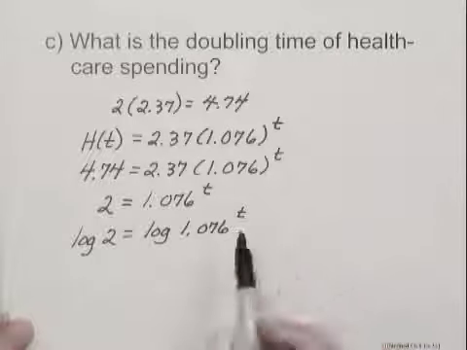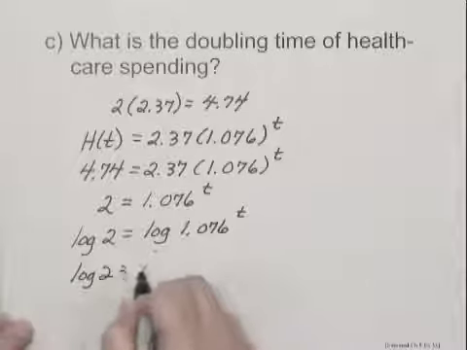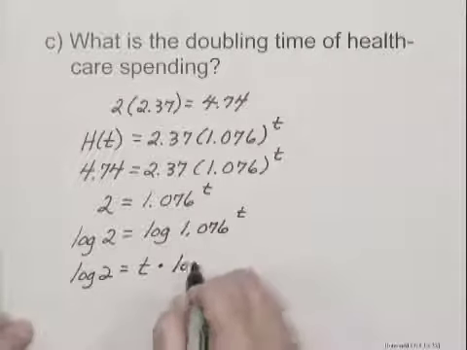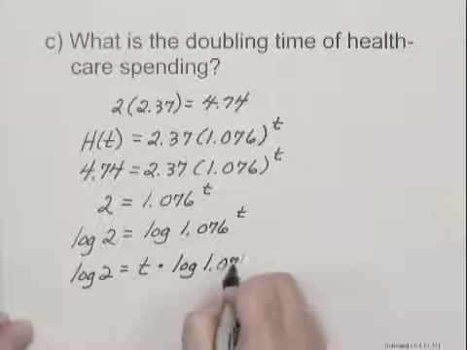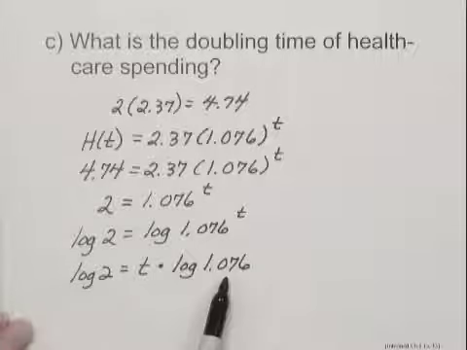1.076 to the t, and this can be written now as t times the log of 1.076. So to solve for t, we divide both sides of the equation by the log of 1.076.